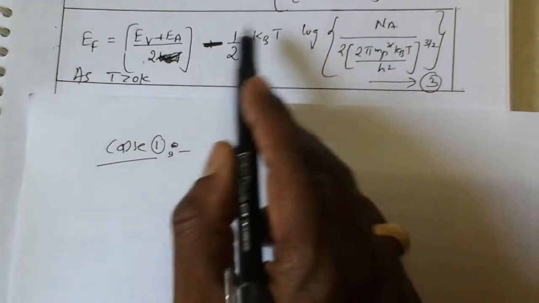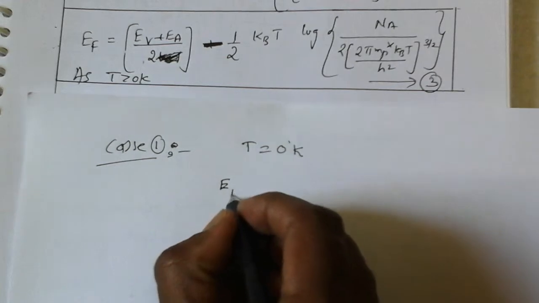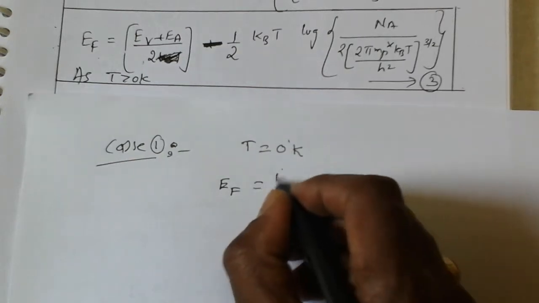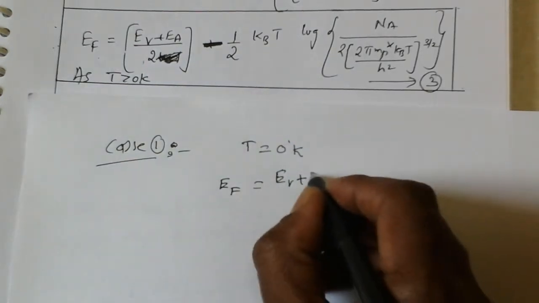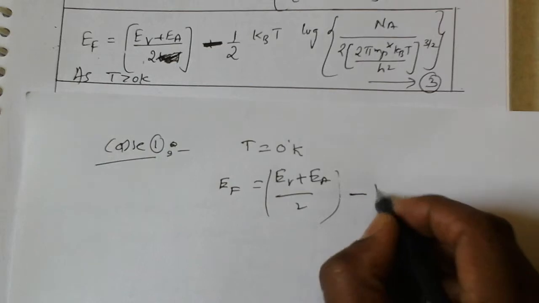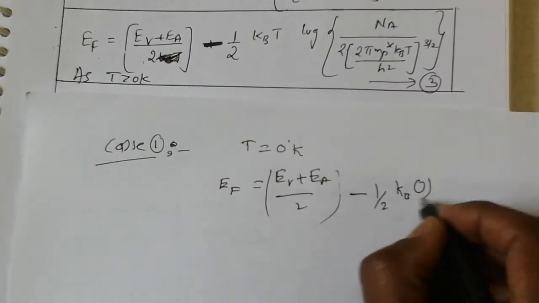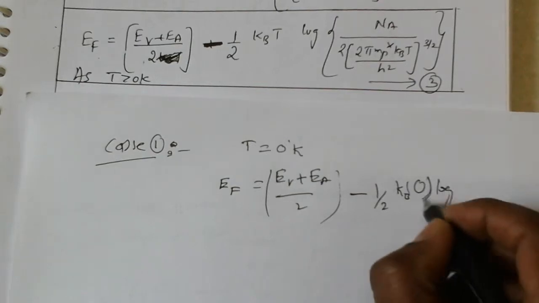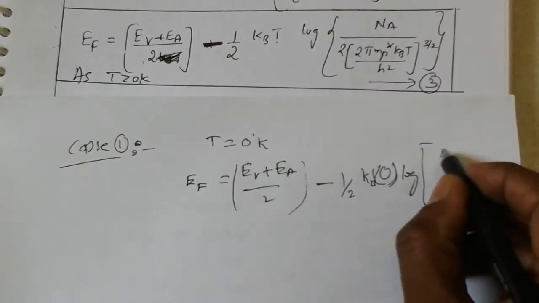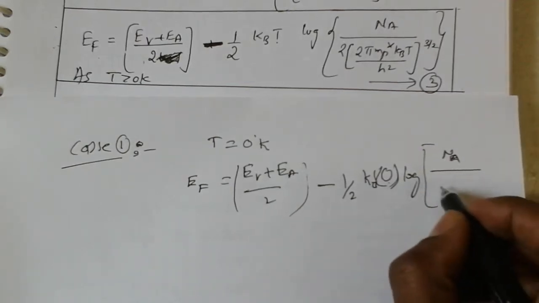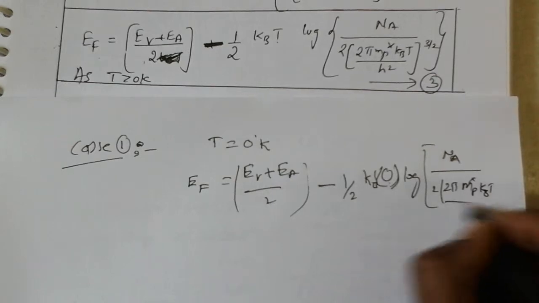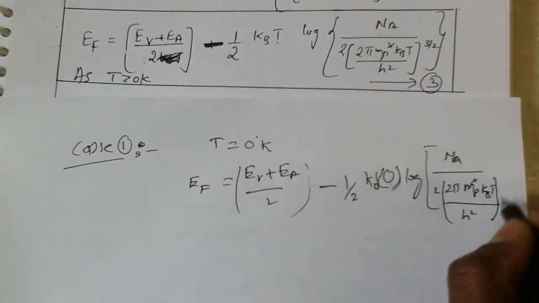Then EF is equal to EV plus EA by 2 as it is, minus 1 by 2 into KB into 0 into log of NA by 2 into 2 pi MP star kBT by h square whole power 3 by 2.